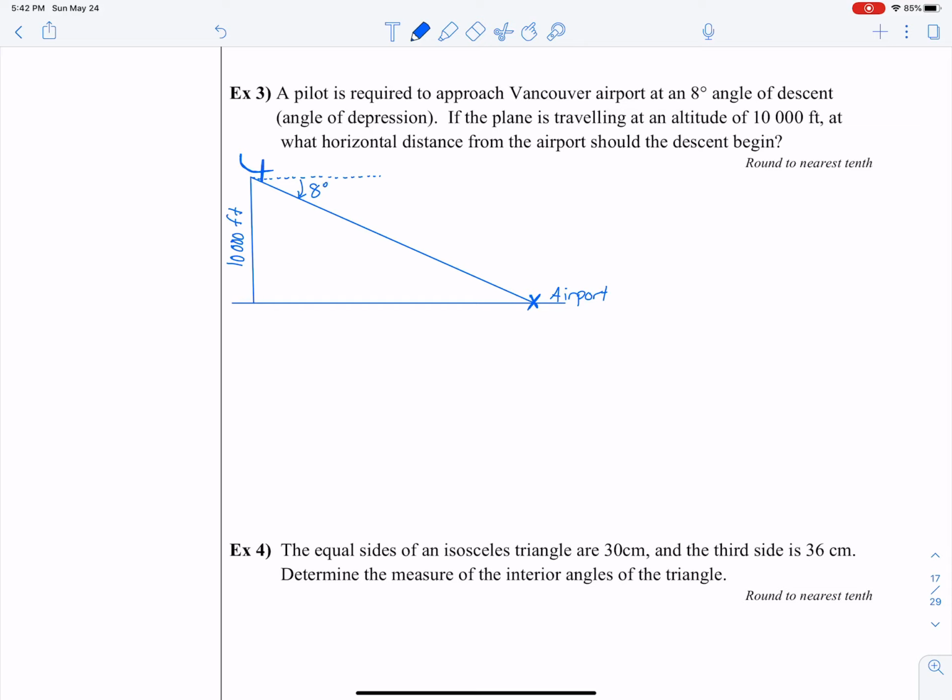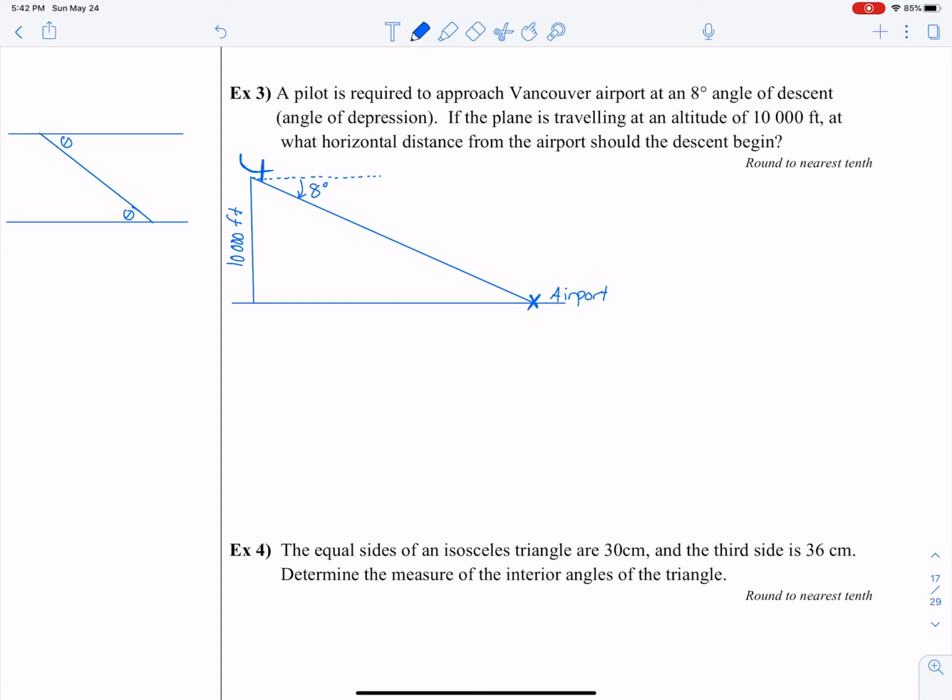Now, there's a rule that you need to know about. If you have a straight line like this, and two straight lines like this, whatever this angle is, it has to be equal to that angle.